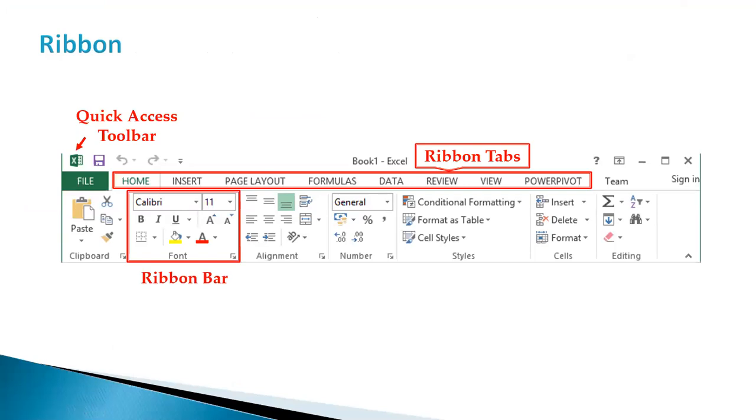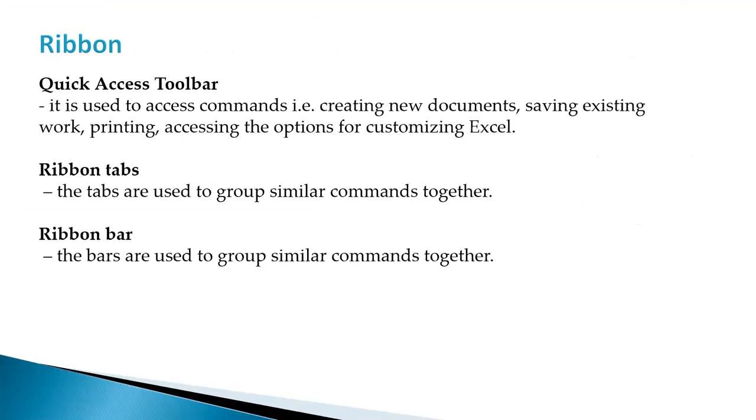And also, as part of the ribbon is the quick access toolbar, which we've spoken about in our previous slide. So we actually see that the quick access toolbar is used to access commands that you frequently use, that you want to quickly access for your document, for your worksheet.